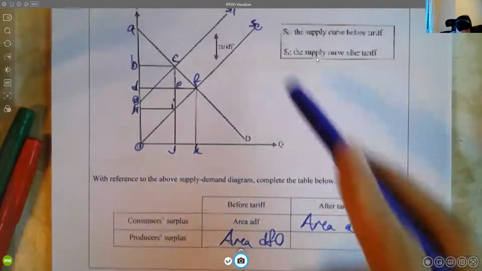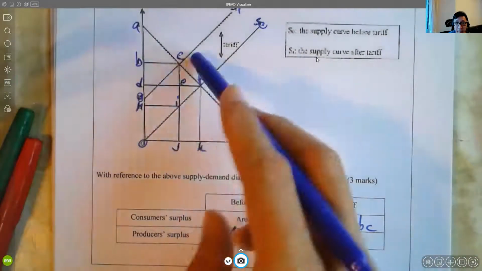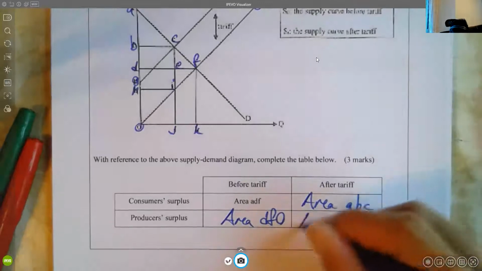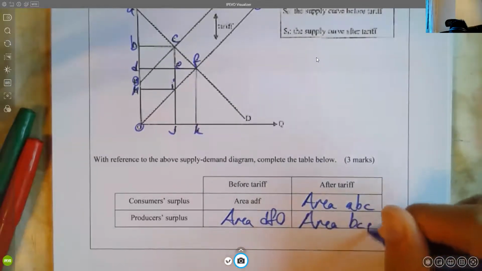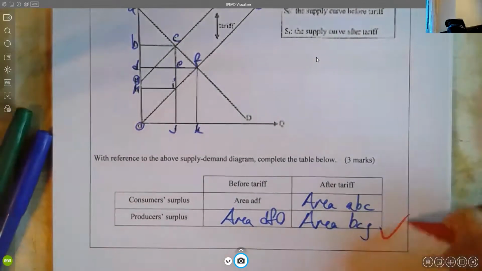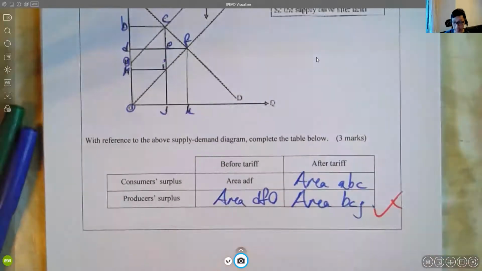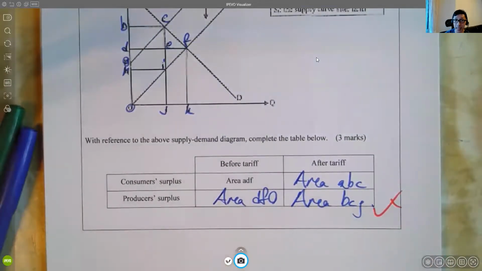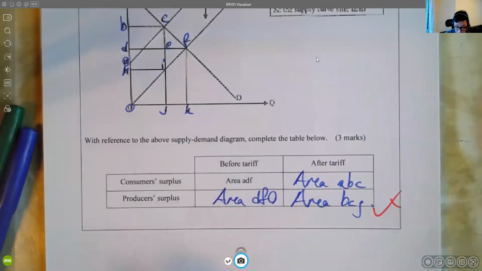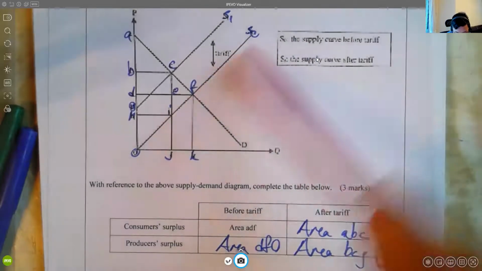Now I know what you're thinking. Some of you will be looking at the new supply curve and the demand curve and say area BCG, right? 係咪啊？Yes. This time, EAA says this is okay, but this is not the preferred answer because conceptually, BCG is not correct. 記唔記得錯啲咩啊？We just mentioned when you look at consumer surplus and producer surplus, you look at the original one.